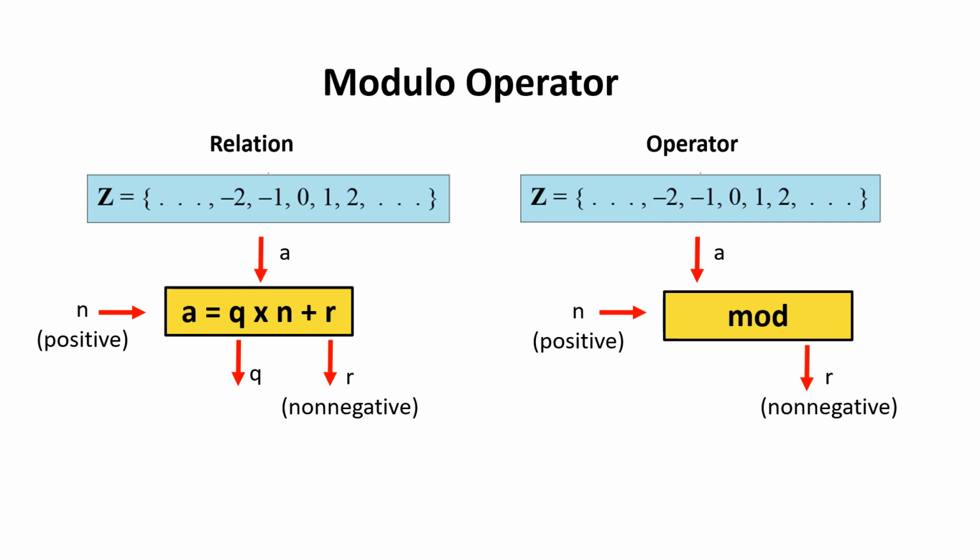The output, r, is called the residue. The modulo operator, mod, takes an integer, a, from the set Z and a positive modulus, n. The operator creates a non-negative residue, r. We can say a mod n equals r.